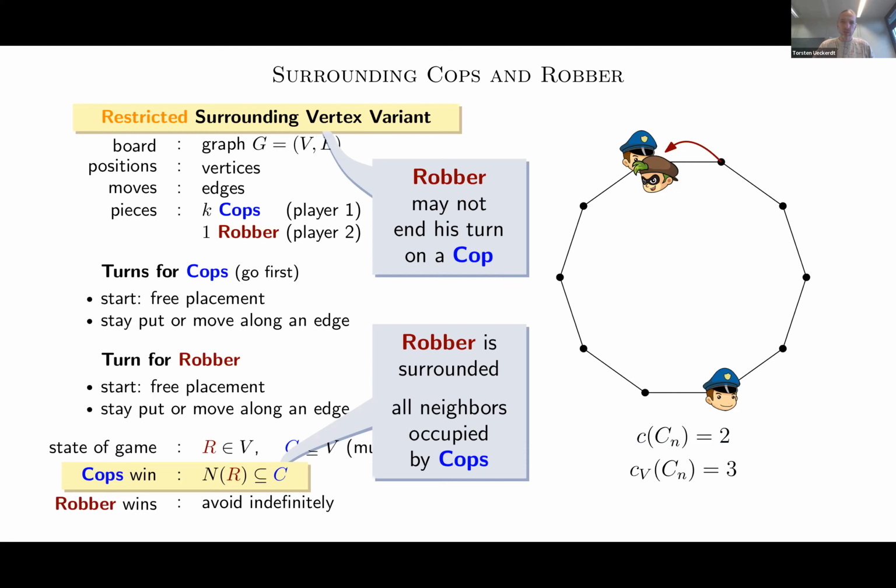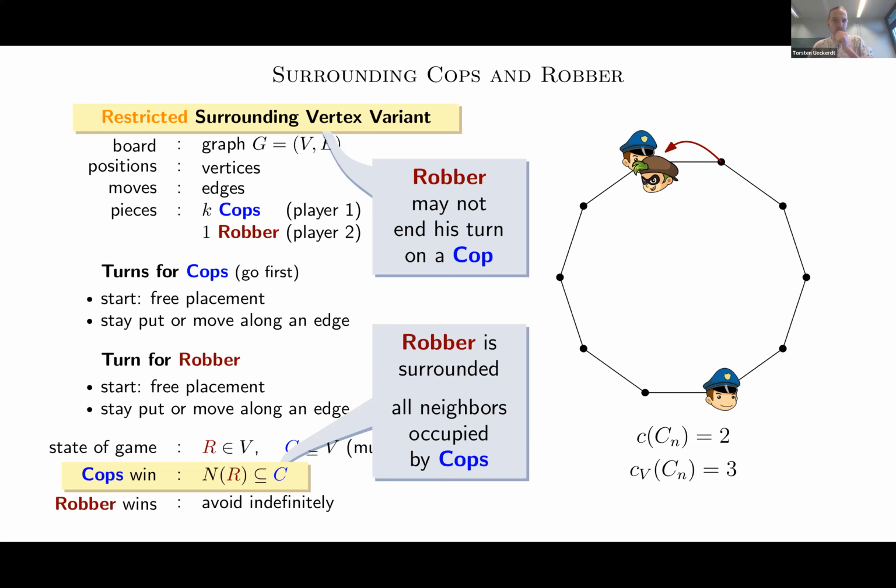So he cannot move directly onto a cop, because then it would be the end of his turn and he would be on a cop, and this is not allowed. Also, if he sits at some vertex and the cop moves onto him, he's not caught yet, but he has to move away immediately. He cannot just stay there.